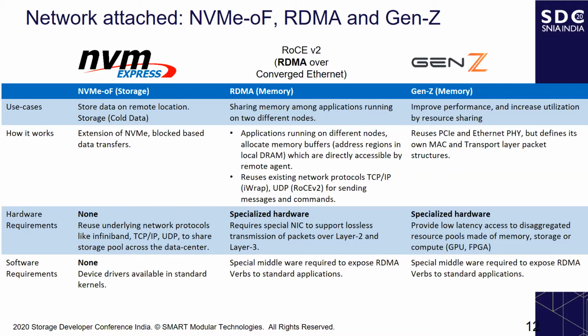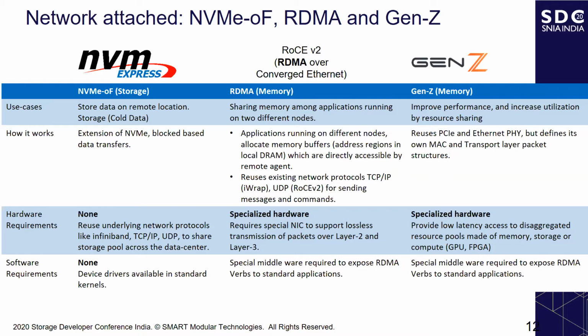The catch here is you need some specialized hardware, what is called a smart NIC, which supports lossless transmission over layer 2 and layer 3 protocols. So you do require a specific hardware NIC to get your RDMA stack up and running in your existing infrastructure. And there are some software requirements because of the specialized hardware, which you need to incorporate in your applications.